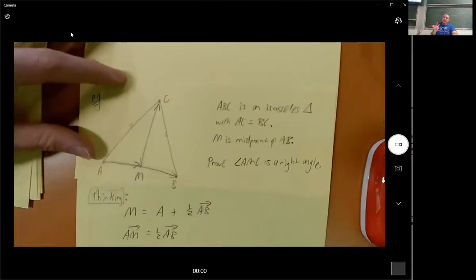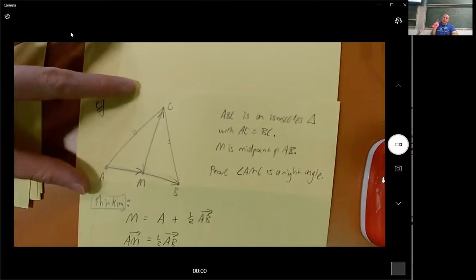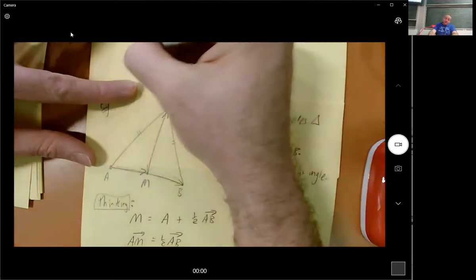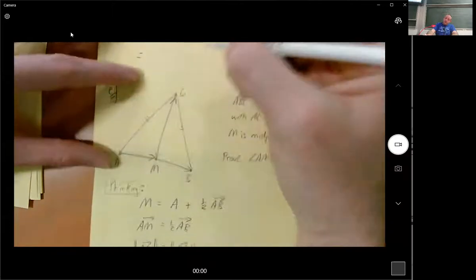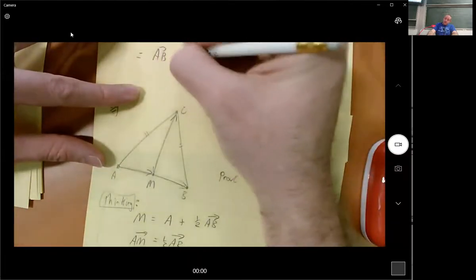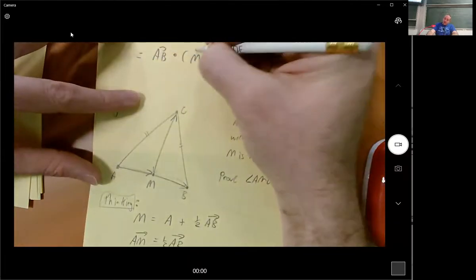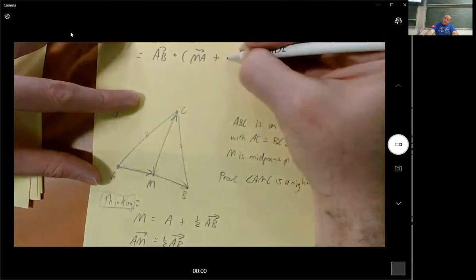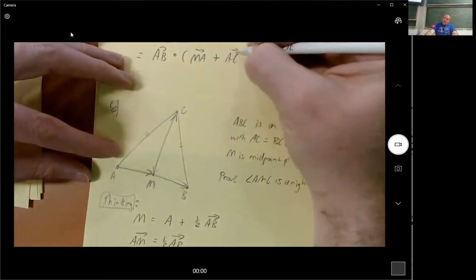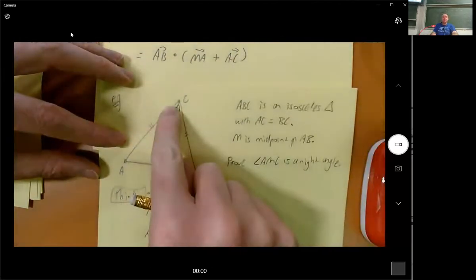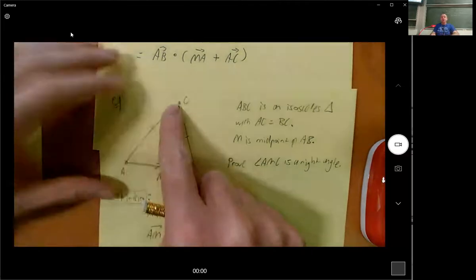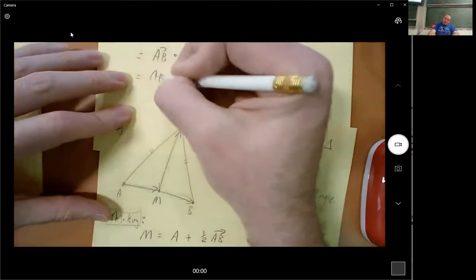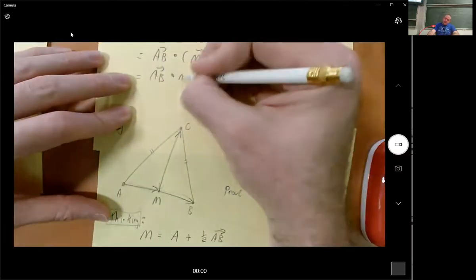But AB dot MC is also equal to AB dot MA plus AC, coming around the other way. So we went around this way and now we're going around this way. And that's AB dot MA.